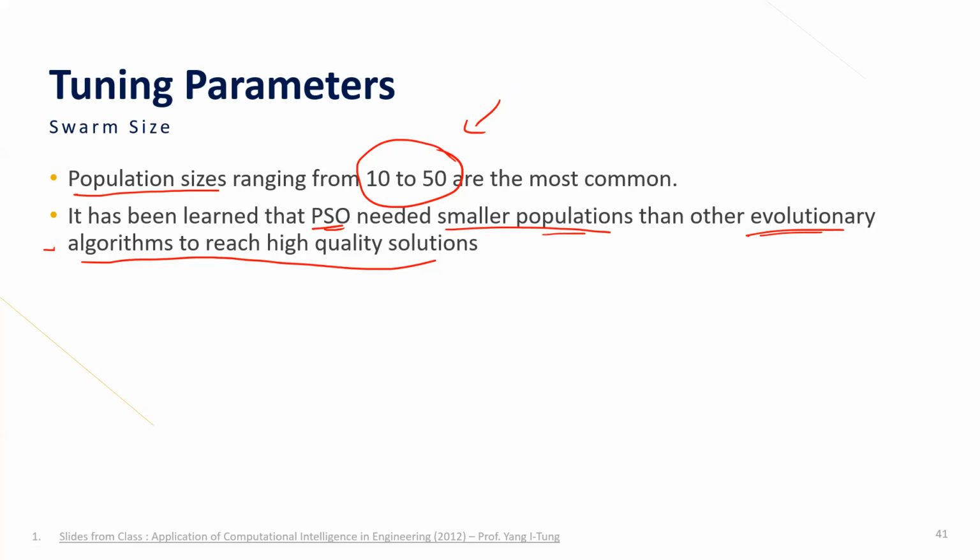If you have more people, you will explore more area, right? But if you have fewer people, you explore less area. So that's the trade-off. If you have fewer people to explore the area, that can also reduce the quality of the solution. So there is a way that you need to determine the best out of these tuning parameters.